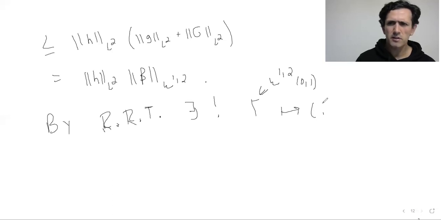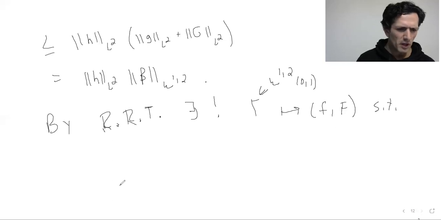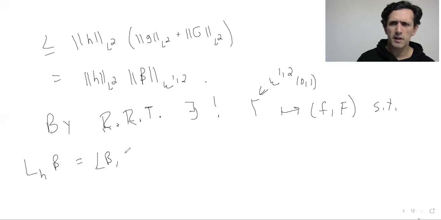Gamma is f, big F, where L of h, beta equals the inner product of beta and gamma for any beta in W^{1,2}.